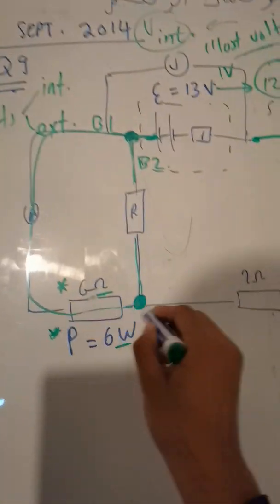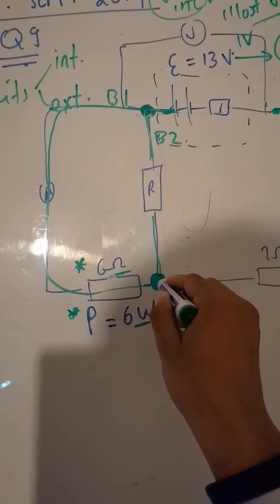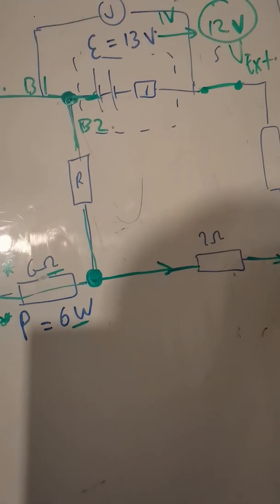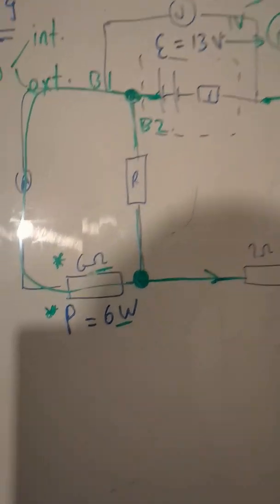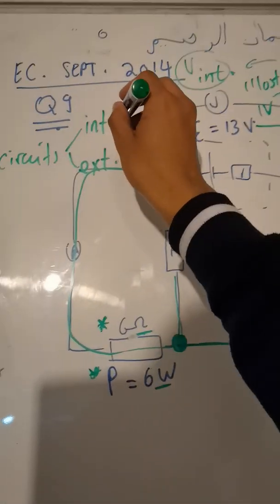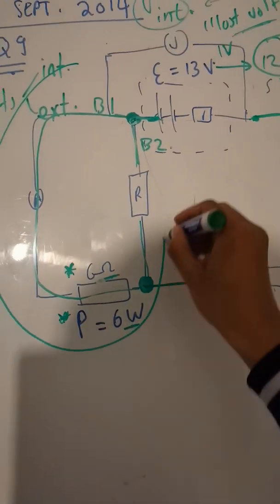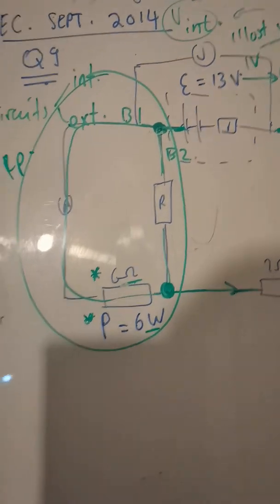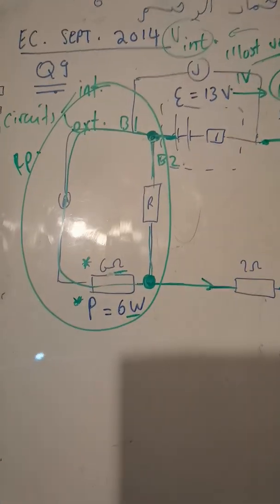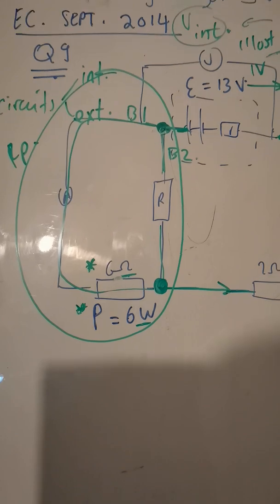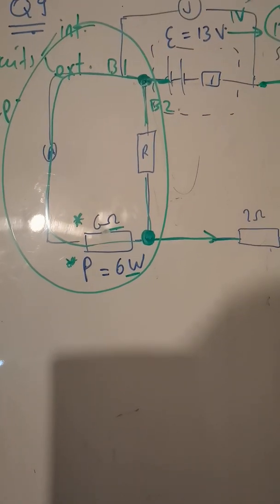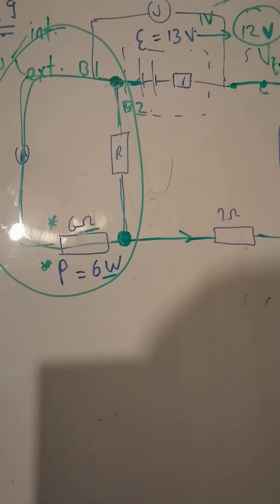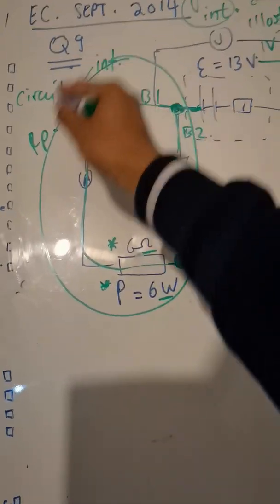It branches, and then the branches come together at this point, and then it goes past the 2 ohms and then past the 1 ohm. So this part over here is our R parallel.